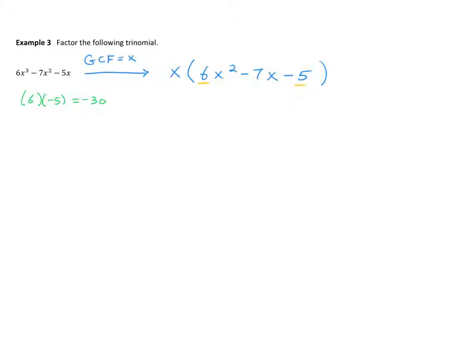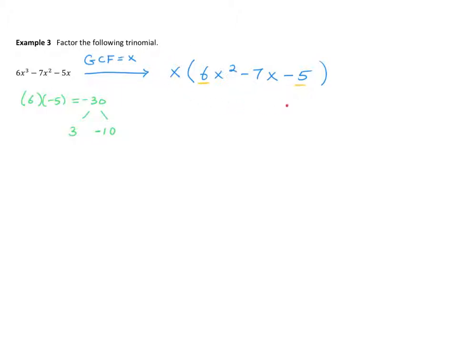Okay, so there's a lot of options, but I think I'm going to use 3 and 10, and I just want to choose the negative to be on the correct number. And I think I'm going to put it with the 10. 3 times negative 10 is definitely negative 30, yet the sum of those 2 numbers is negative 7. Perfect, this is it.